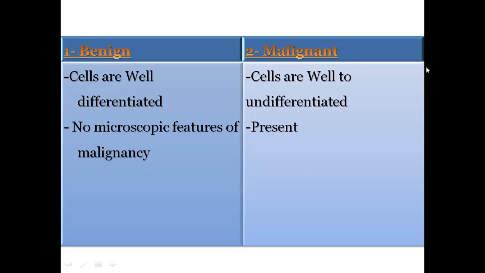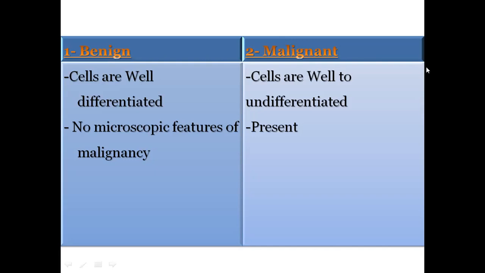Under the microscope, cells of benign tumors are well differentiated, which means they are very similar to the original cells, while cells of the malignant tumors may be well differentiated, moderately differentiated, poorly differentiated, or undifferentiated at all.